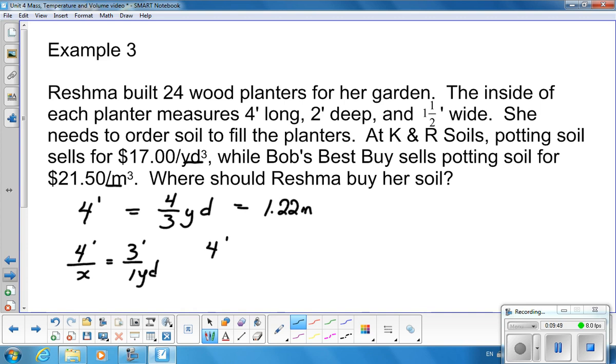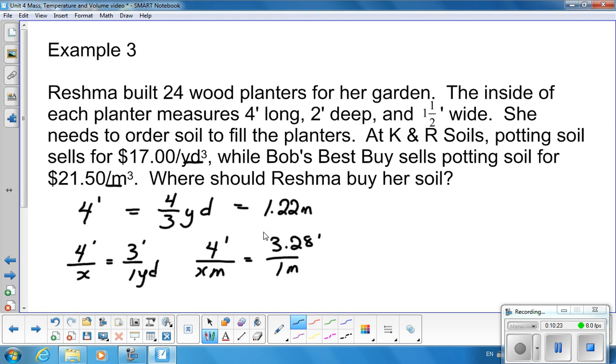If we have 4 feet and we want to change that into meters, we know that 1 meter is 3.28 feet. So cross-multiplying and then simplifying, we'll end up with 1.22 meters.